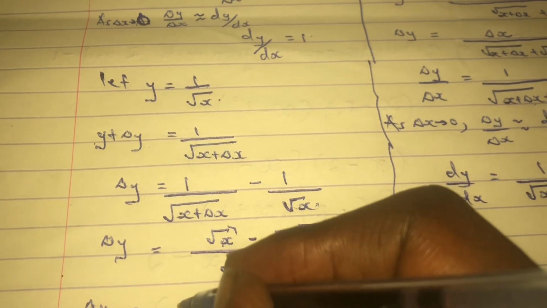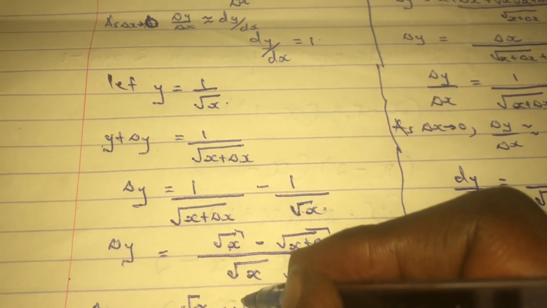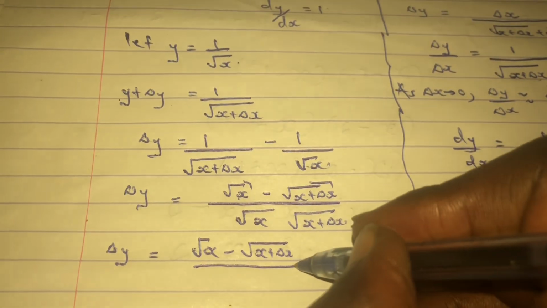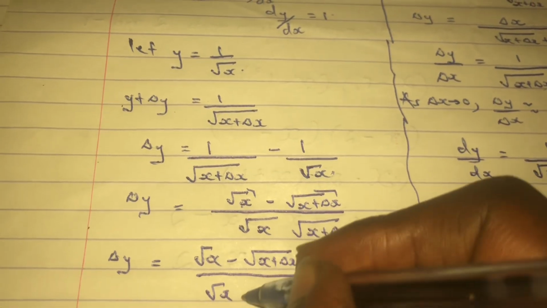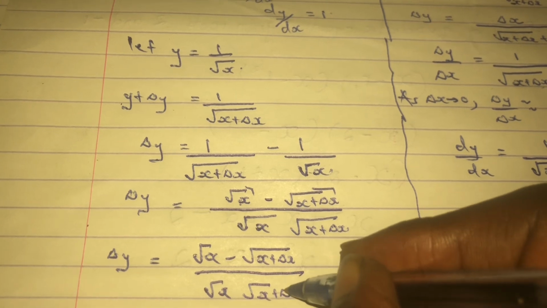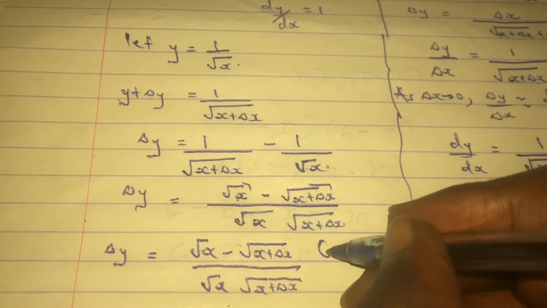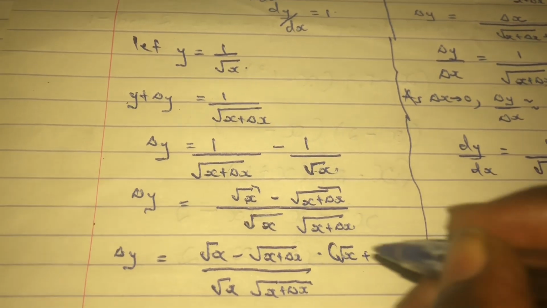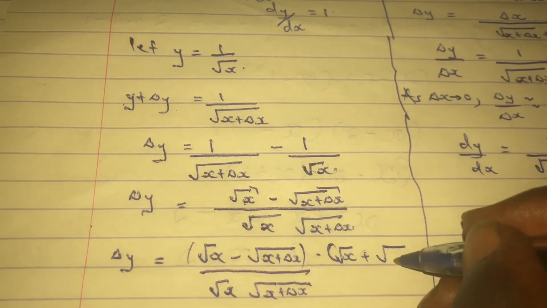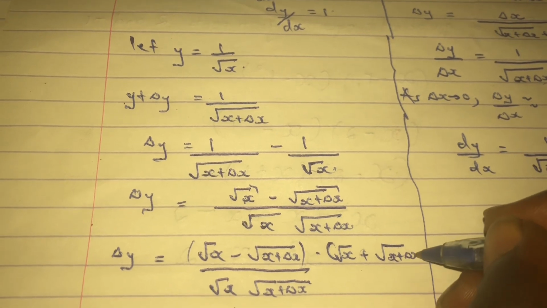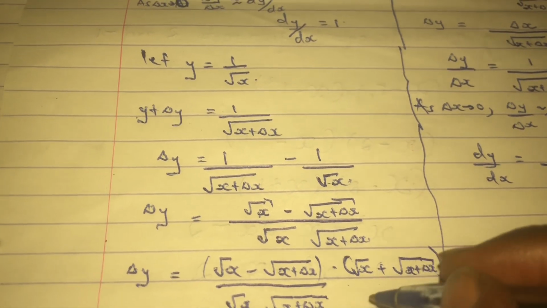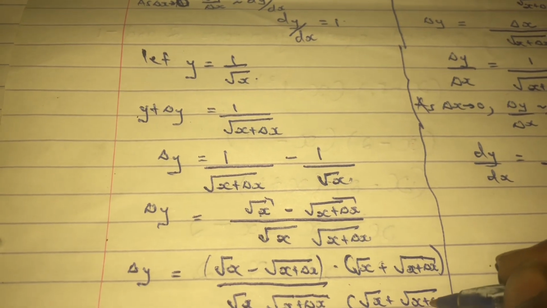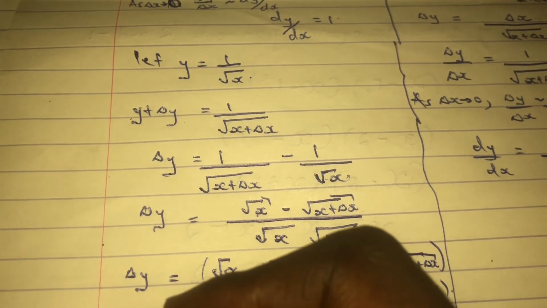So this is root x minus root of x plus change in x, over root x times root of x plus change in x. So when you multiply this, because this is this, just change the sign, root x plus root of x plus change in x.